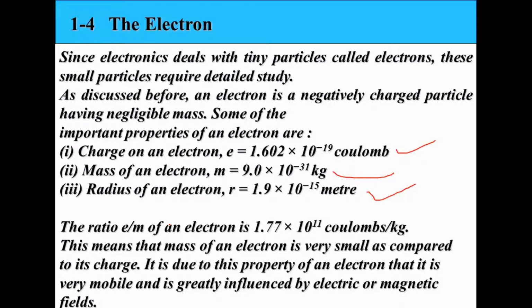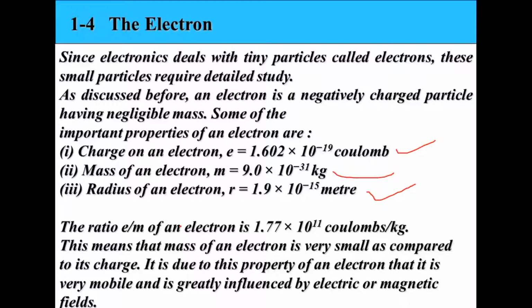Now, looking at those properties, we can conclude that the ratio of the charge of an electron to its mass is 1.77 times 10 to the 11 coulombs per kilogram. And this means that when we compare the mass of an electron to its charge, the mass of an electron is very, very small.